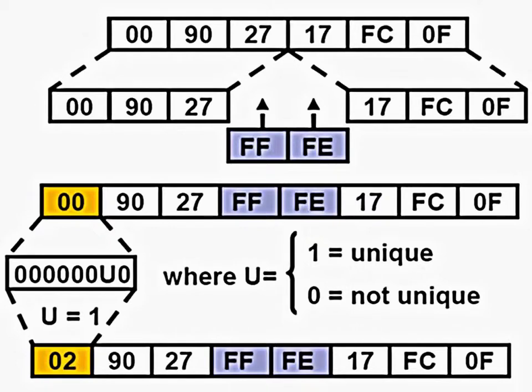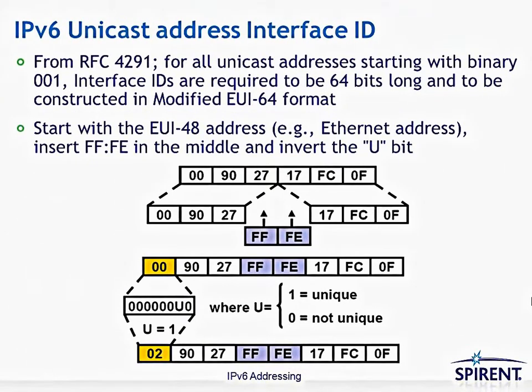But when you convert an EUI48 address to an EUI64, you actually invert that bit. And so whereas the MAC address might have started with 00, the EUI64 address will actually start with 02.